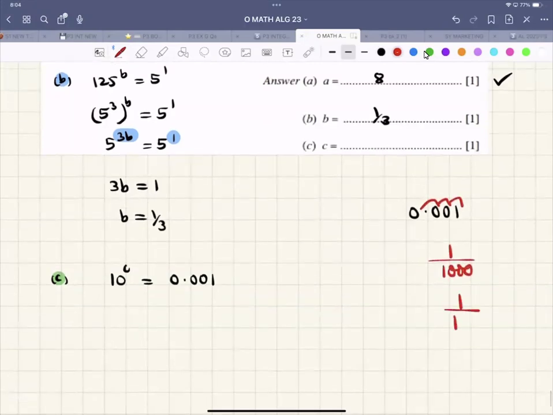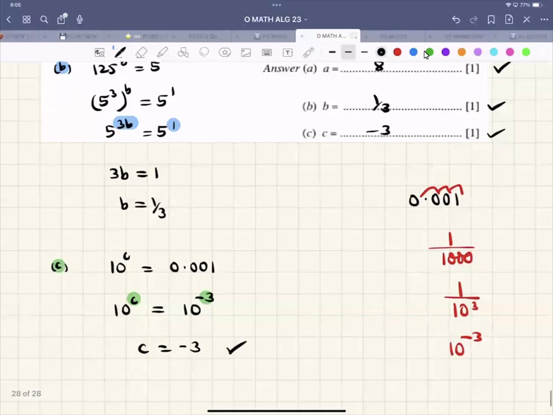That is 1 over 10 cube. That is 10 raised to power of negative 3. So therefore, I'll write 10 power C is 10 raised to power of negative 3. Since the bases are the same, the powers should equal. Therefore, C comes out to be negative 3. So C comes out to be negative 3.